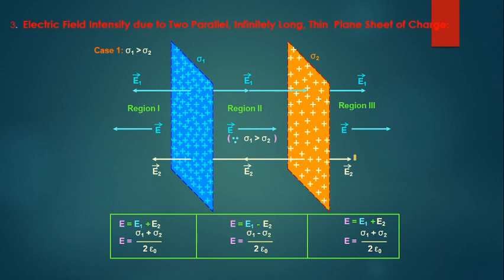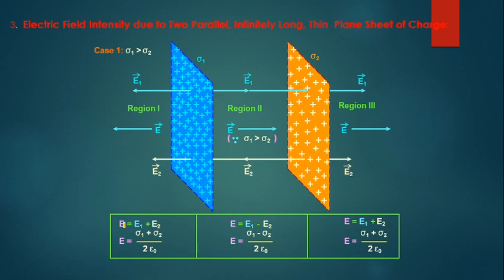So we have to calculate the electric field intensity due to these two parallel thin sheets having charge densities sigma 1 and sigma 2. In the first region, what will happen? E1 and E2 are both in the same direction, and they will get added.